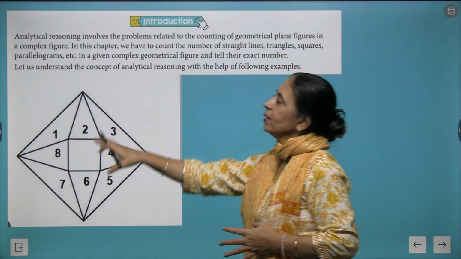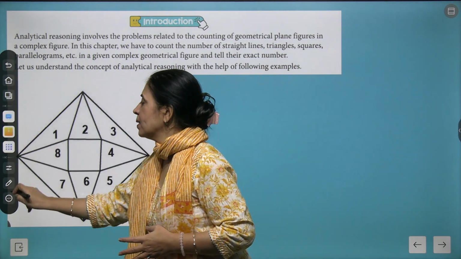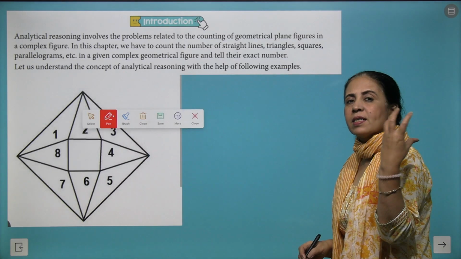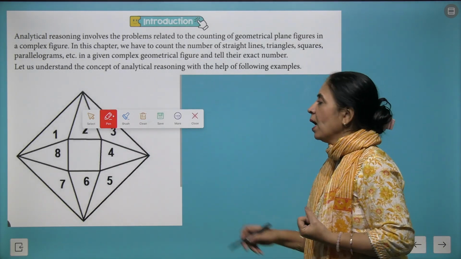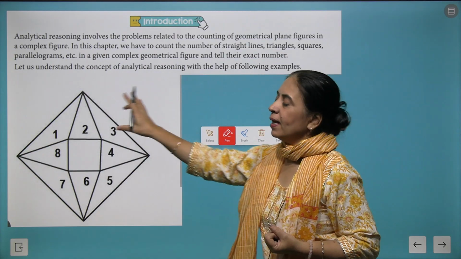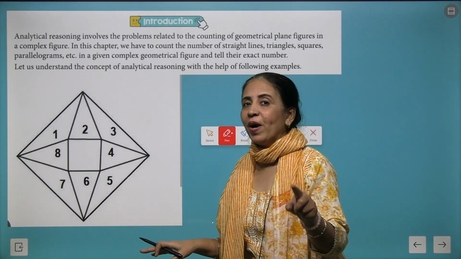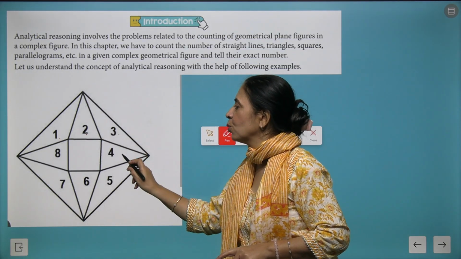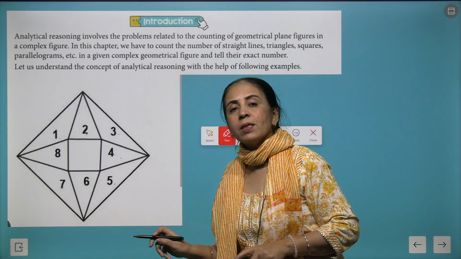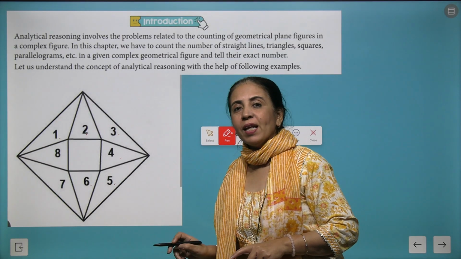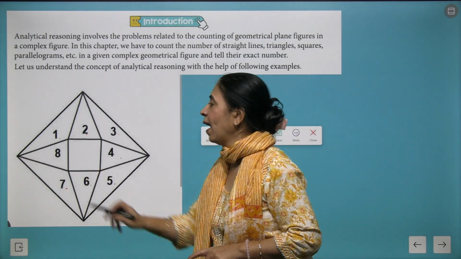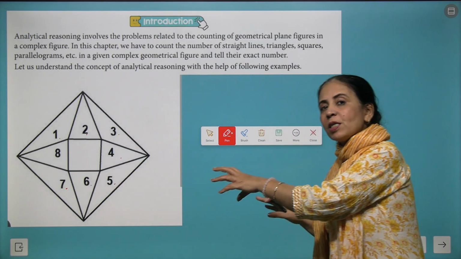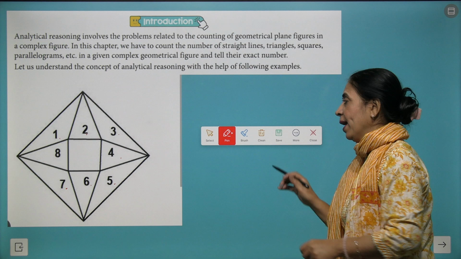Now, let's look at this image to understand better how the geometrical figures are found. In this complex figure, if you want to find the number of triangles, we'll keep marking them. 1, 2, 3, 4th triangle. This is 5th one. We came with another 6th, 7th and 8th, and we concluded that in this complex figure we have 8 triangles.